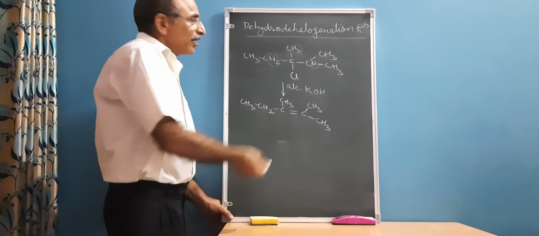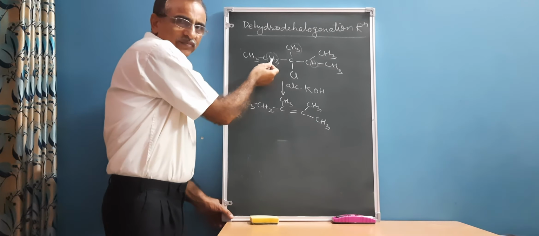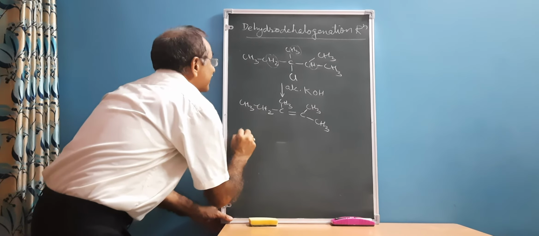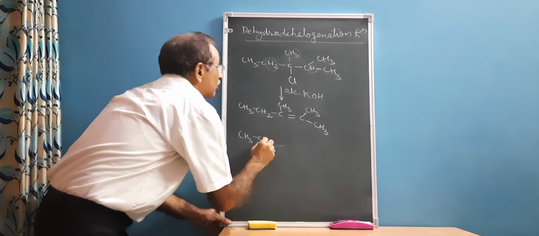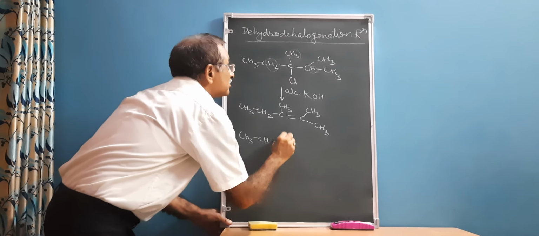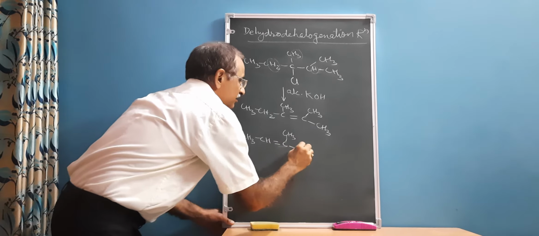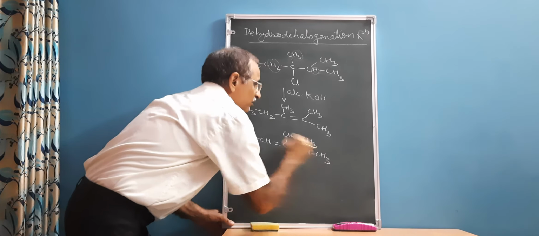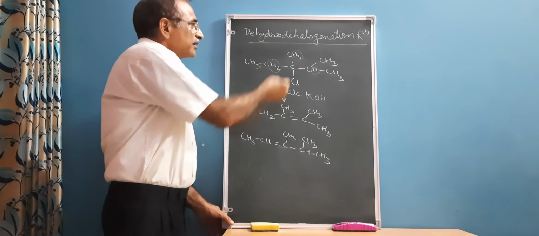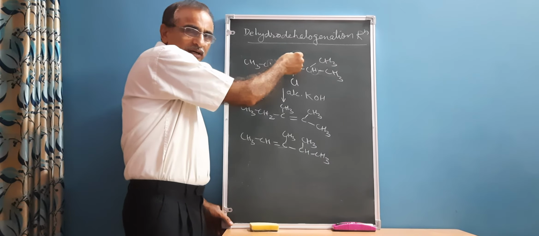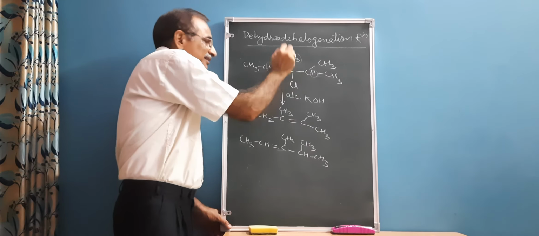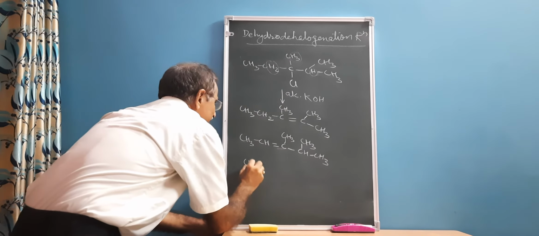Now, if hydrogen is removed from this carbon atom, we can observe that this alkene will be formed. But if hydrogen is removed from the carbon containing the methyl group, in that case, the alkene which is formed will be this.